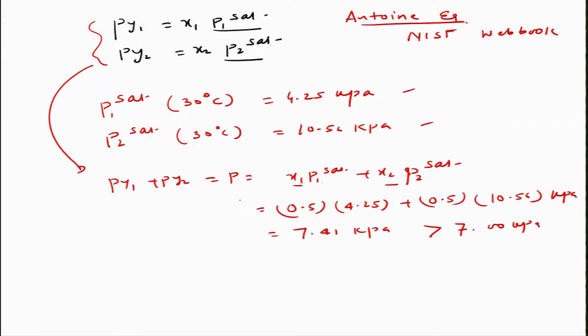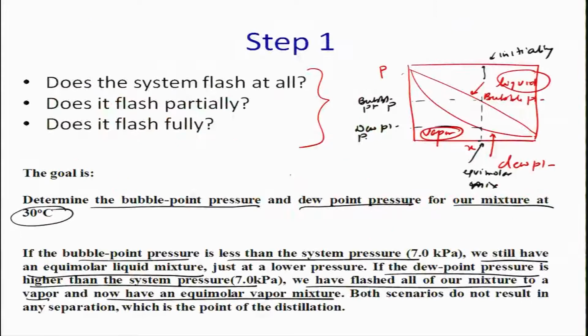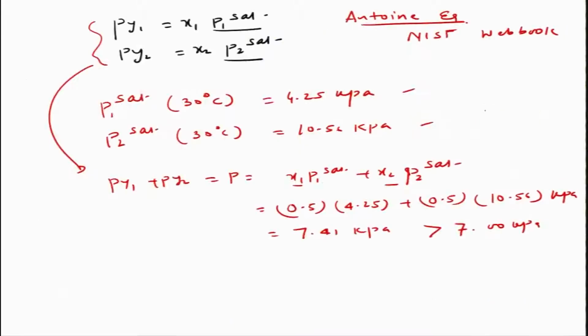The first important thing is, what did we obtain here? Is this a bubble point or a dew point? X here, so we are talking about X liquid composition. The P corresponds to liquid composition at saturation. So, if you look at it here, that is going to be the bubble point. Okay.